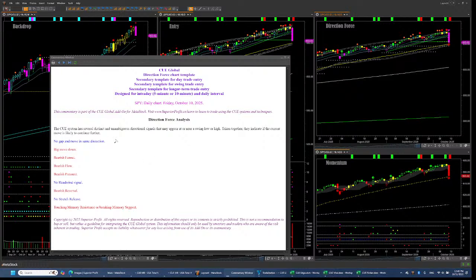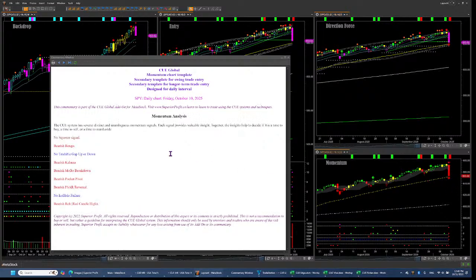What are they? Big move down, bearish fan out, bearish flow momentum, bearish pressure, bearish reversal and trend line breakdown. If I look at the momentum signals, what are the 6 bearish momentum signals?